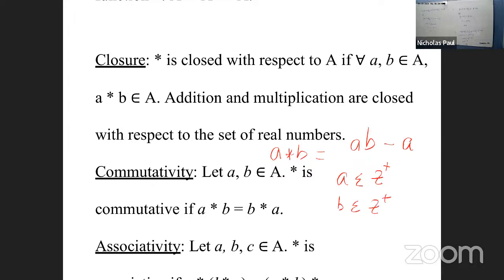Is this binary operation closed? What you know, plus sign by the Z. Is it closed? Let's take out one example that I can disprove it, right?